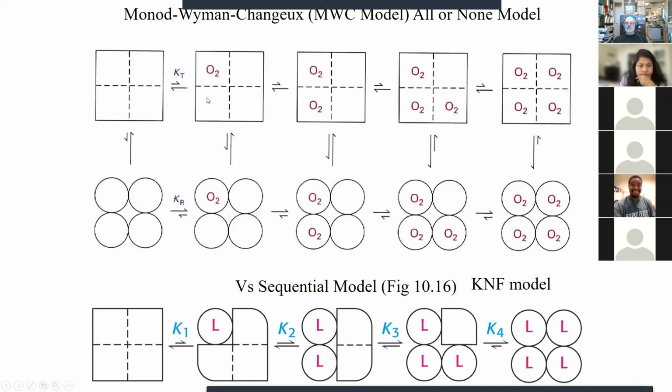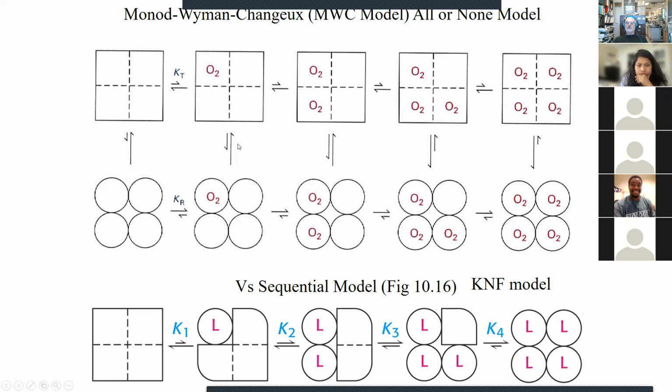Up above is the Monod-Wyman-Changeux model. I think this figure originally was taken out of Stryer or something. Here's the low affinity state. Here's the high affinity state. Notice the KT, the KR. They don't show you the equilibrium constant.